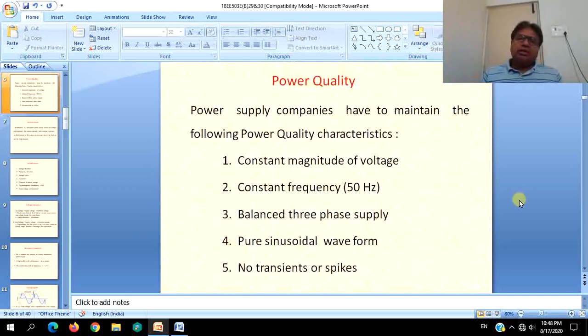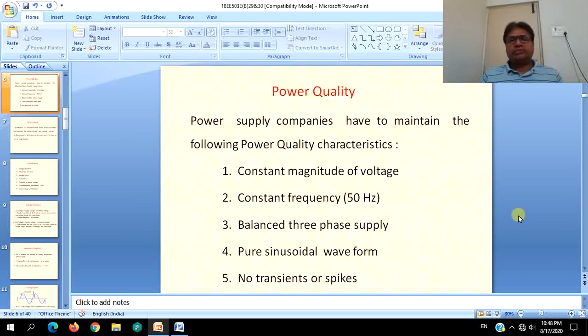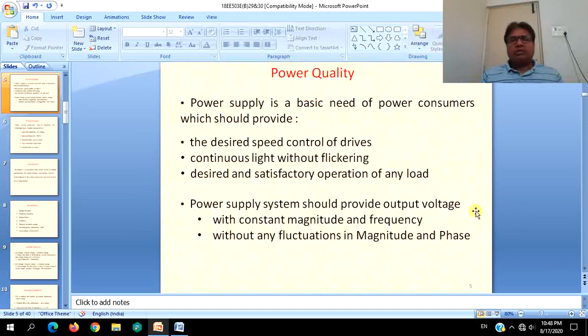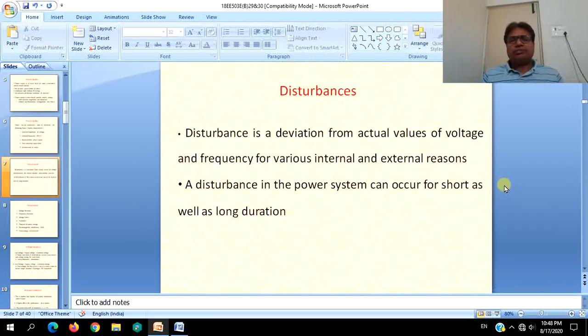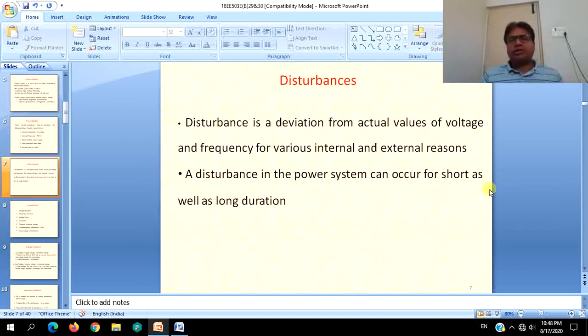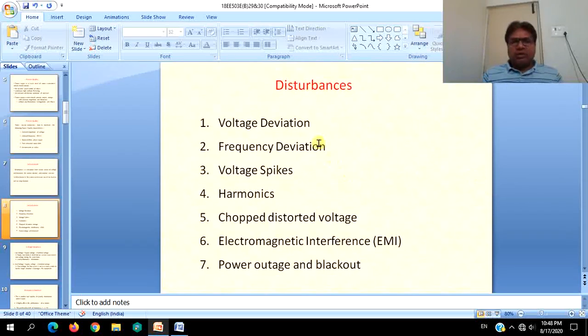Otherwise, you will mainly be asked to answer: what are the characteristics of power quality, what are the needs of power quality, what is a disturbance, types of disturbances, and the devices used to decrease voltage spikes, likewise.